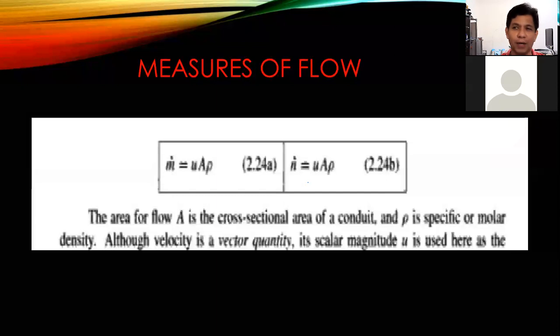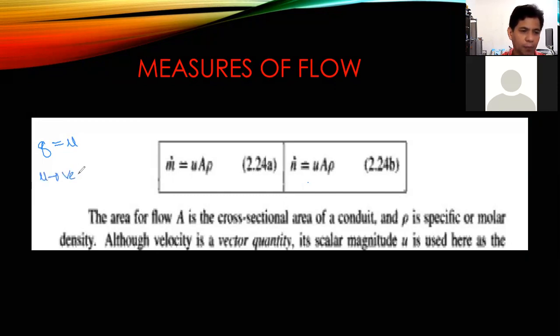Parang sa momentum ata yun, ano? Sa momentum transport. Ulitin ko na lang ulit, ano? Yung volumetric flow rate Q ay equal sa velocity. Okay? So we're going to use this as the symbol of velocity.